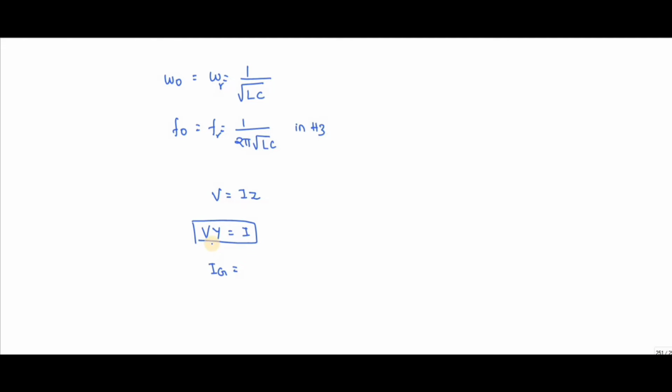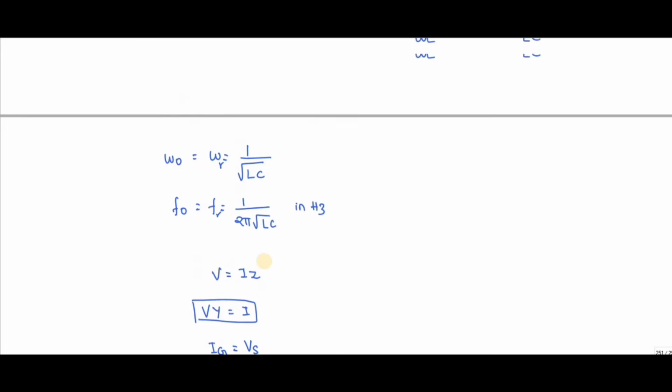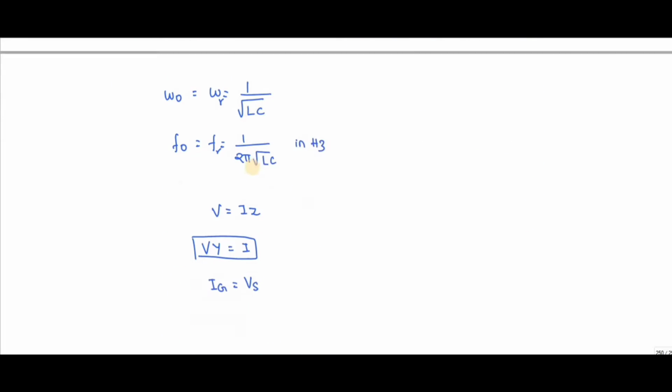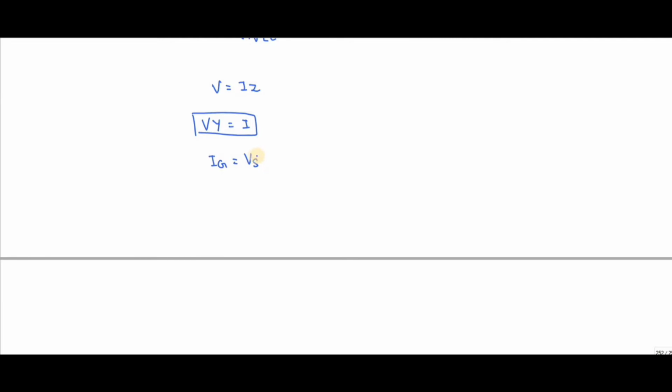Since the voltage across these elements is always the same, I can write Ig is equal to Vs into Yg, where Y I can write as G.